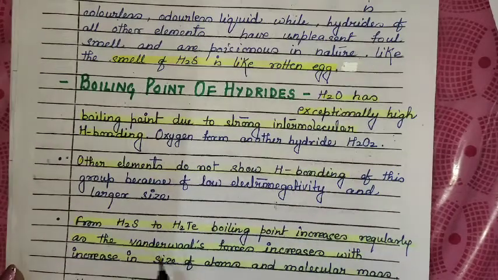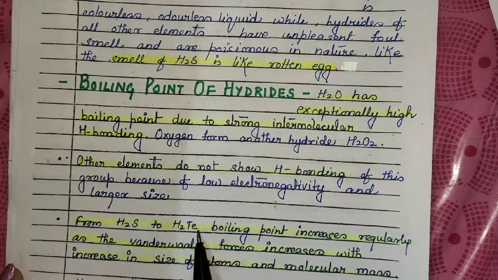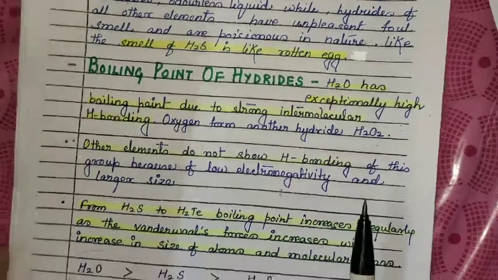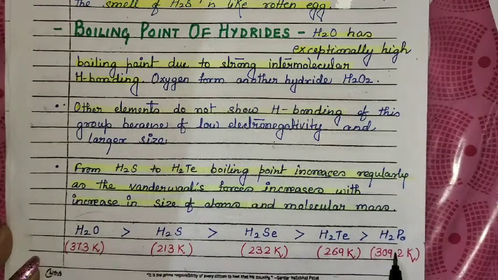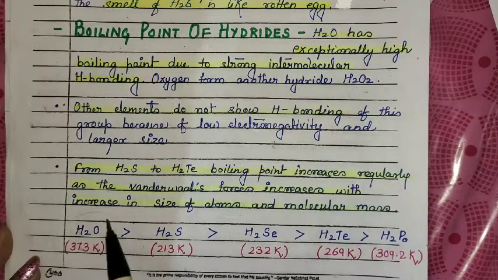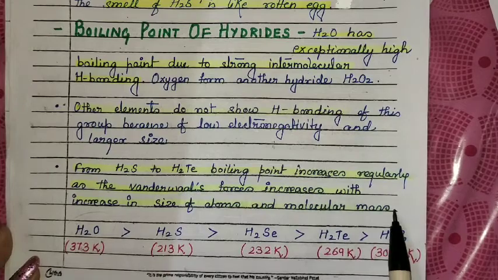The boiling point as we move from H2S to H2Te increases regularly. H2O has highest boiling point due to intermolecular hydrogen bonding, but gradually as we move downwards, the boiling point increases regularly due to increase in van der Waals forces and increase in size of atom and molecular mass.